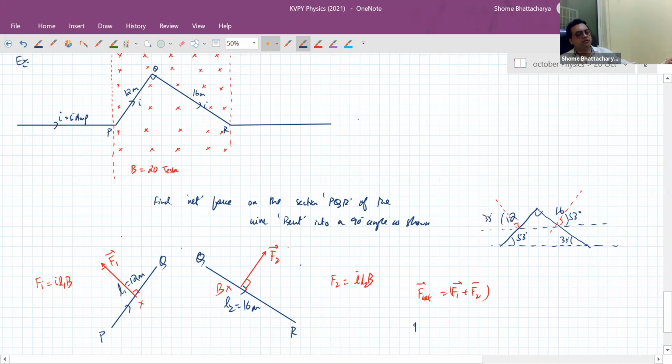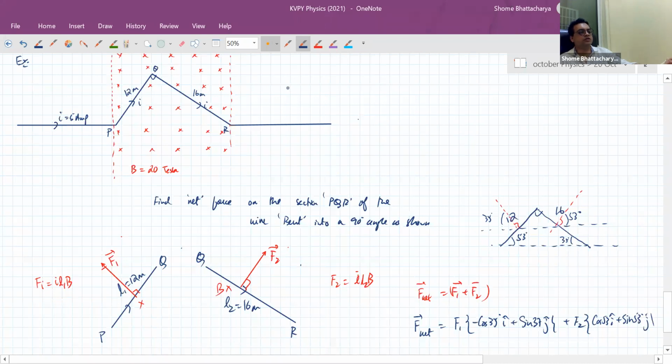So F net will become F1 into minus cos 37 i cap plus sin 37 j cap, and this F2 will have a unit vector, which is cos 53 i cap plus sin 53 j cap.